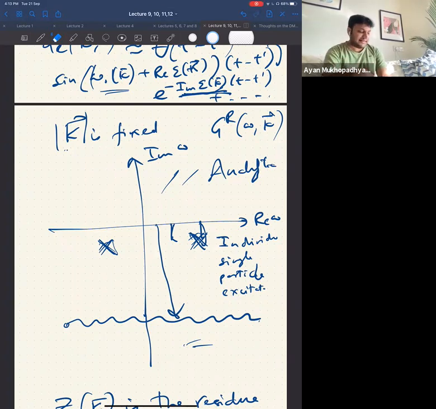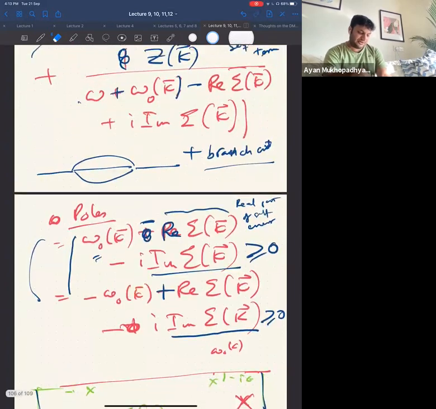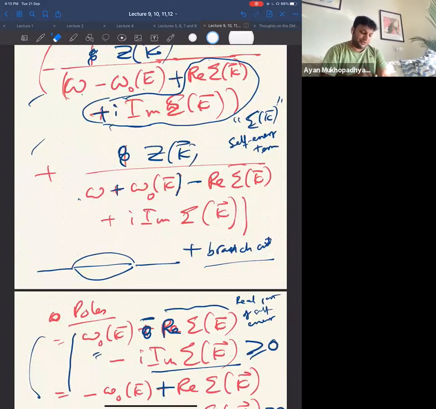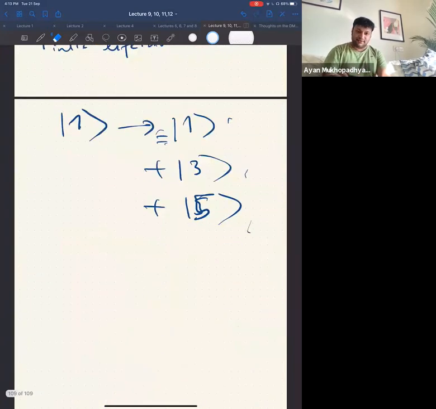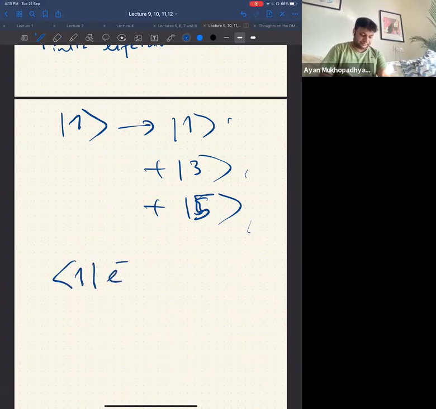Okay. And this real part of Sigma(K) is essentially the shift or renormalization of the particle, or the notion of the particle. And Z(K) is going to be extremely important also. So this is basically the residue. In a way, you could say that if I look at one particle, with time it goes to one particle and three particles, but the weight of the one-particle thing, so if I look at this overlap after some time, okay, maybe a better way to put it, but we will make it more precise.